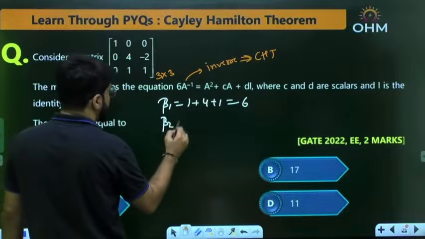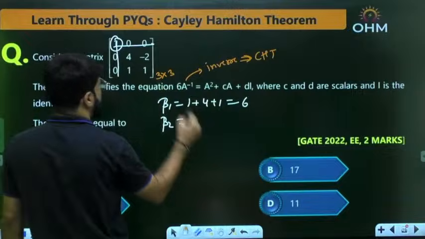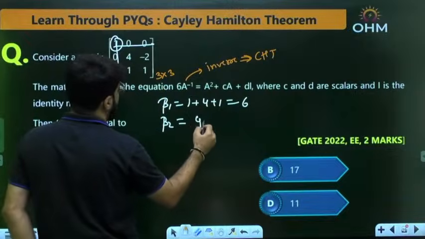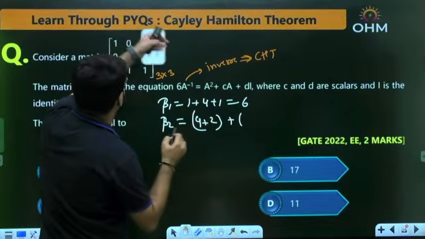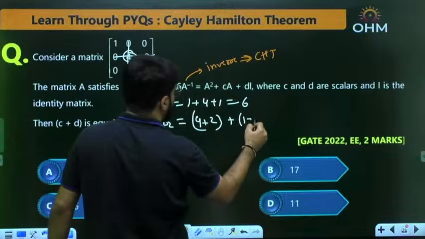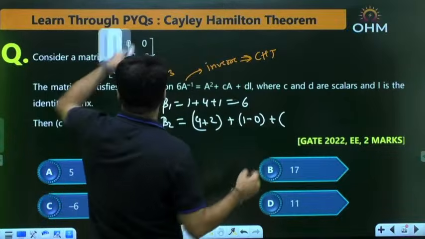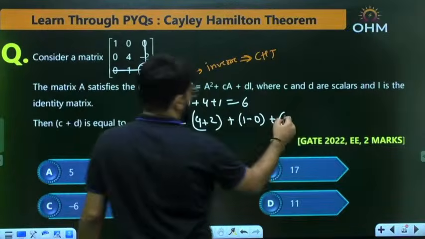What is the beta 2? Sum of the minors of diagonal elements. First diagonal element, minor is 4, and minus plus 2. This is the first minor. Then next, what is the next diagonal element? 4. Delete the row and column. So the minor left is, on cross multiplication, 1 minus 0. And the last one, the third diagonal element, 4 minus 0.